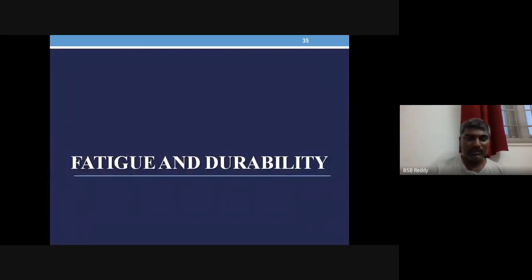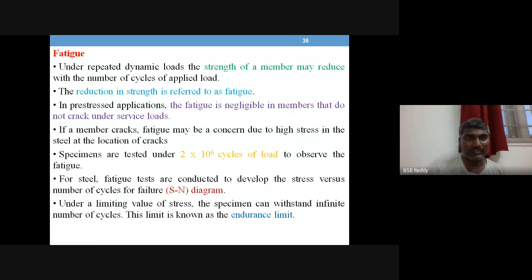Let us see the other two properties, maybe out of your syllabus content, which are required for your pre-stressing operation: steel fatigue and durability. So, what is fatigue? Under repeated dynamic loads, the strength of the member may reduce.